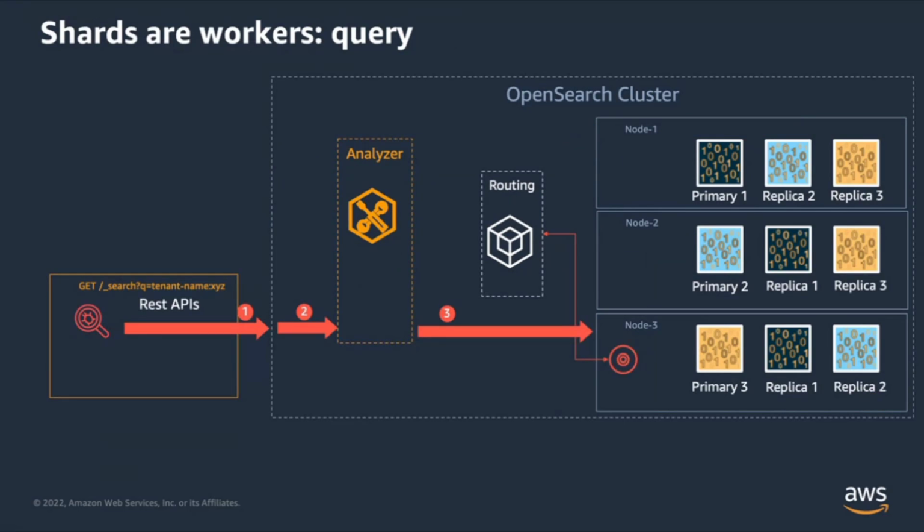On the query side, we have a similar multiplication of the work, and we can see the REST APIs coming in. Again, we're going to use the same analyzer on the query itself, on the query terms, so that they will match what's in the index, because those have also been analyzed. It'll come to some node. That node is going to be, again, the coordinator for this request. It checks routing, and it selects one each of the shards for that index.